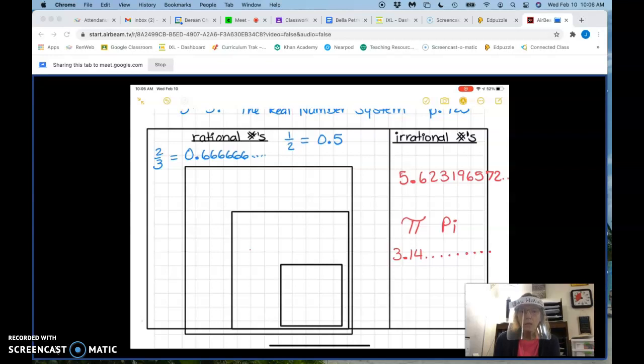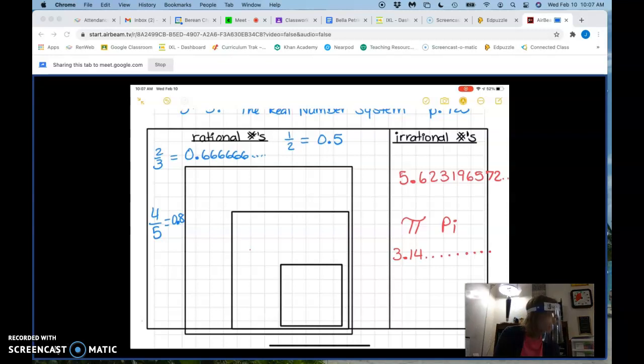Those are rational numbers, okay? Let's try another one. What if I do 4/5? 4/5 equals 0.8. So that would be a rational fraction. Okay, it doesn't matter how many sixes. You can put as many as you want. So rational numbers are fractions. Irrational numbers can be fractions too. But when you divide the fractions out, rational numbers have an end or repeat, and irrational numbers go on forever.